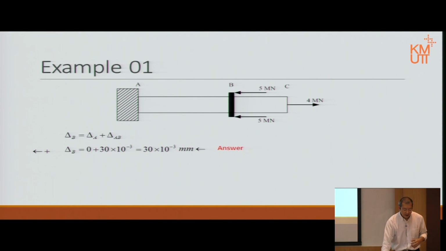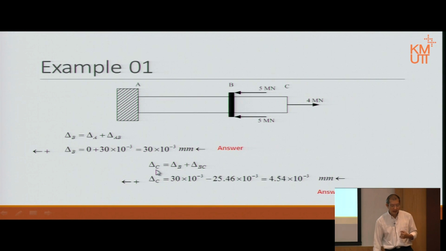So in essence, delta C will equal the movement of delta B first, and then combine the effect of shrinkage or extension between B and C later. It is expressed in this equation here.